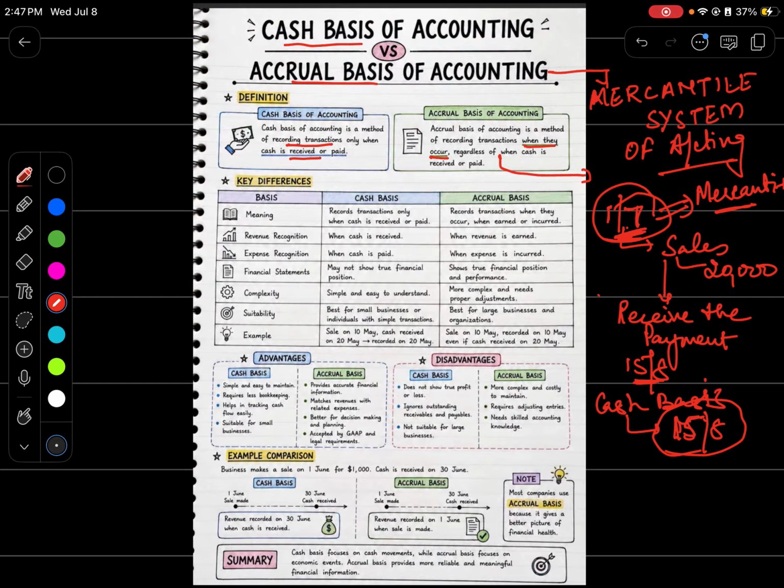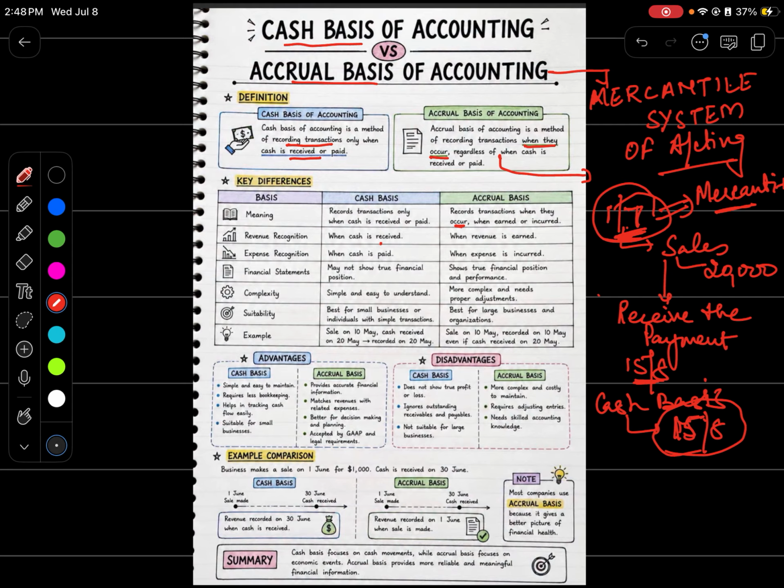Now, what are the key differences? Again, simple, what we have already understood: under cash basis, cash is received and paid, and it is at that point of time that we record the transaction. Under accrual basis, whenever the transaction has taken place, or the income has been earned or expenses have been incurred, that is the point when we are recording the transaction, irrespective of whenever is the outflow or inflow of cash.